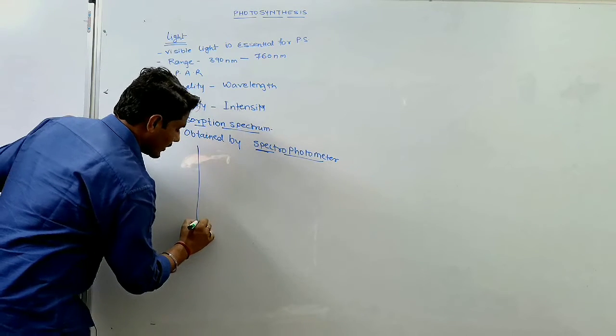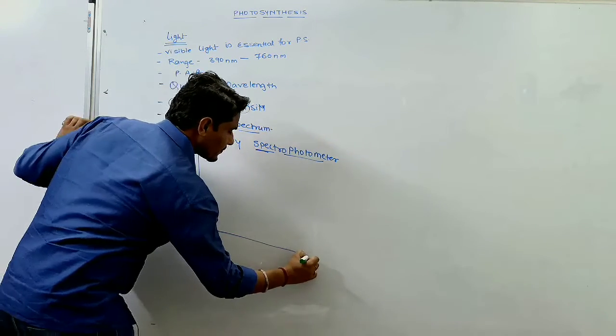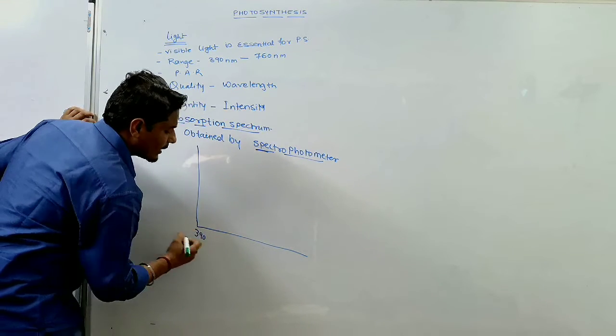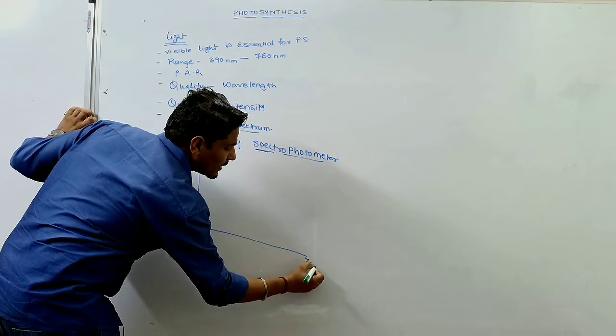Let us draw the diagram of our graph. The range of visible light is 390 nanometer to 760 nanometer.